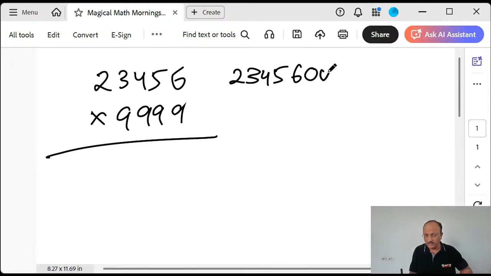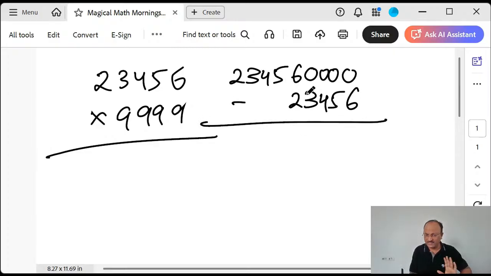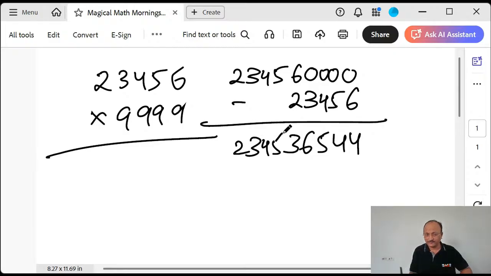I'm going to keep 4 zeros, and just subtract 2 3 4 5 6. That's it. We subtract this, it's over. 10's complement of 6 is 4, 9's complement of 5 is 4, 9's complement of 4 is 5, 9's complement of 3 is 6, 6 minus 2 is 4, but I'll write one less. Rest I will write as it is. This is the answer.